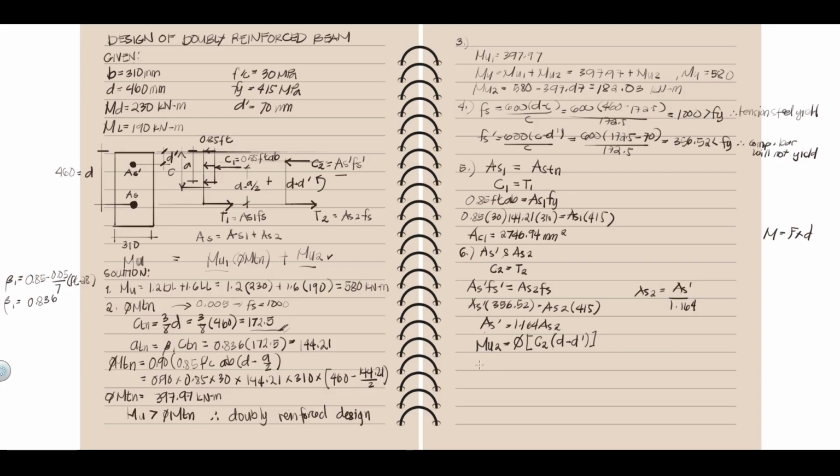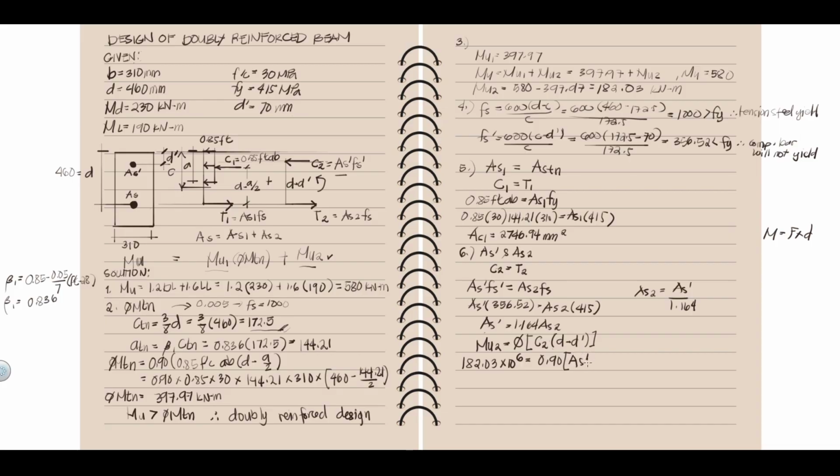Okay, so what's our MU2? Na-solve natin kanina, 182.03. Okay, so wag nyo kalimutan, meron tayong times 10 raised to 6 times 0.90. Okay, C2 here. What is our C2? Formula, AS prime times Fs prime.